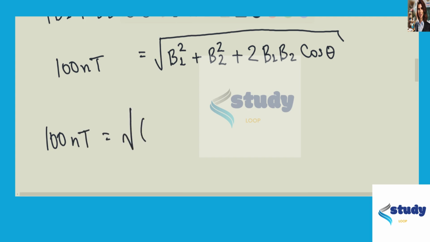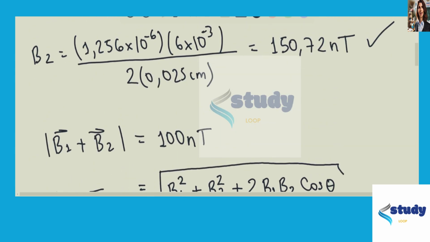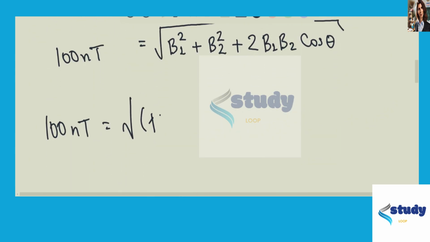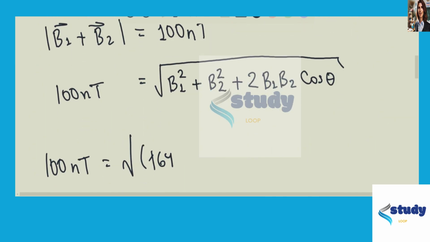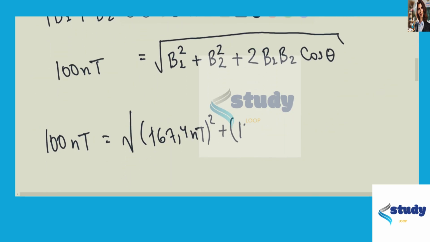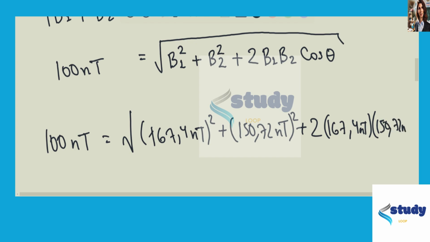We know that the first one is the first magnetic field squared, plus the second one squared, plus 2 times the first one times the second one times cosine of theta.